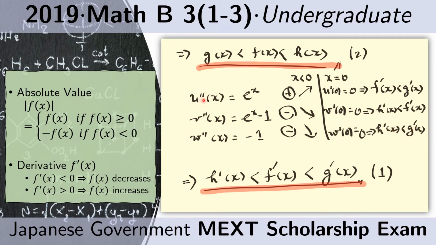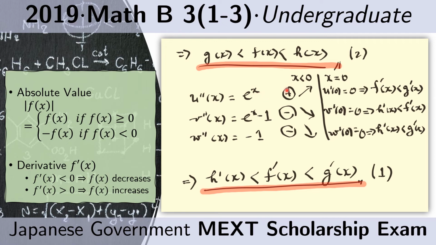Now, u prime prime, again, is just e to the x. And e to the x is always positive wherever you are. Although you are less than 1, when we have x less than 0, that is still above 0, right? You cannot have e to the x have a negative value. The whole function must be positive, even if it's less than 1.